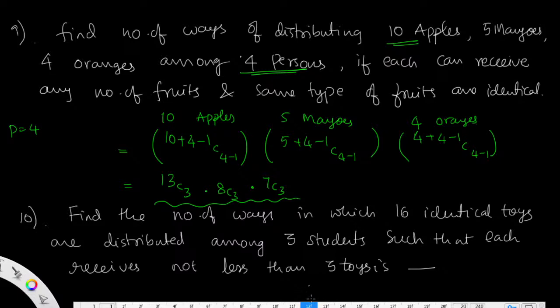Number of ways in which 16 identical things are distributed, at least 3 toys. So S1 plus S2 plus S3 is equal to total numbers are 16. 3 students means S1, S2, S3. Then we have 16 identical things.